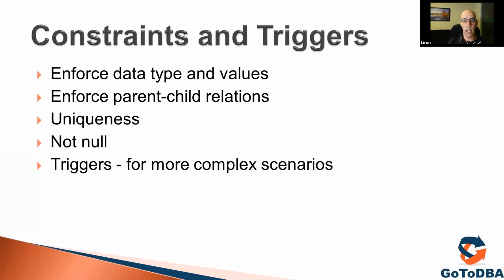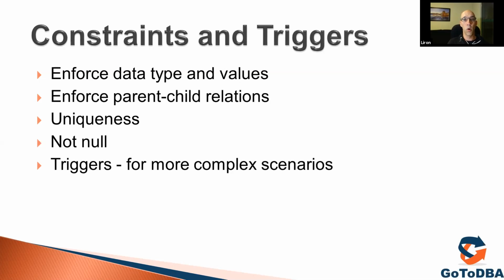Okay, the last topic is constraints and triggers. In order to enforce data types and values, we can use constraints and data types. I said at the beginning that if we have a number, we should have a number data type for this column and not a string or varchar2. If we have a number, Oracle will automatically not allow us to enter any character that is not a number.